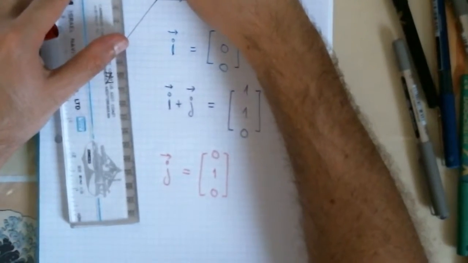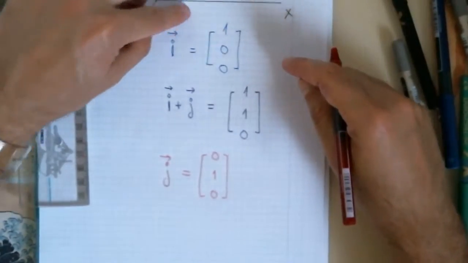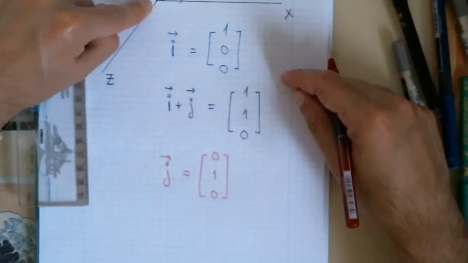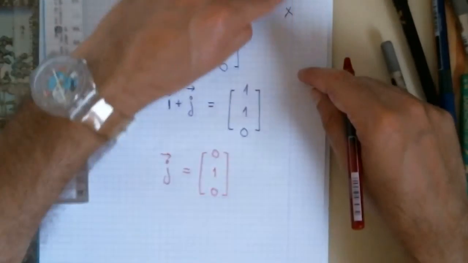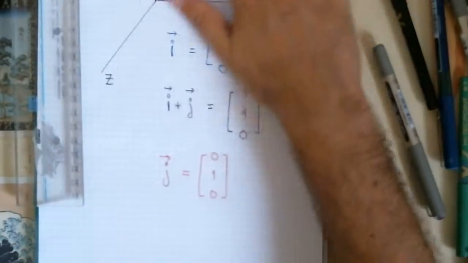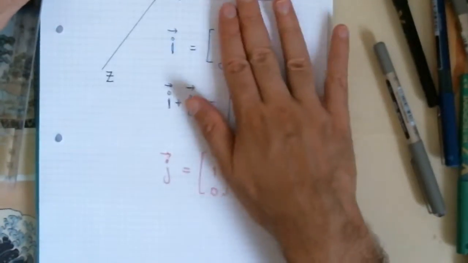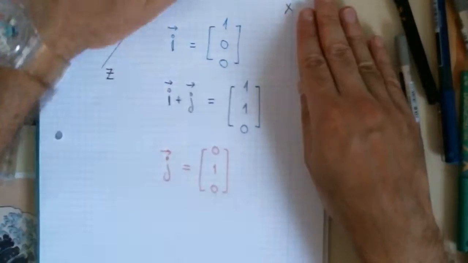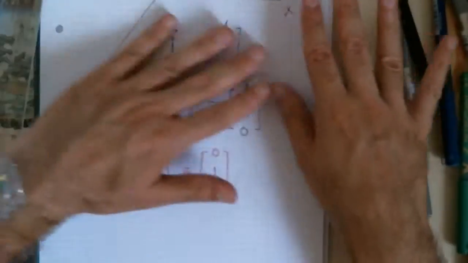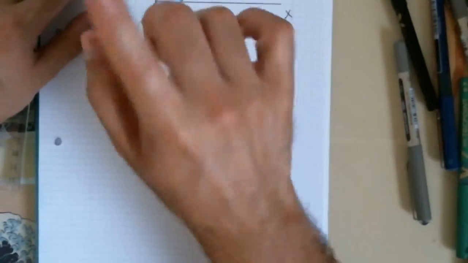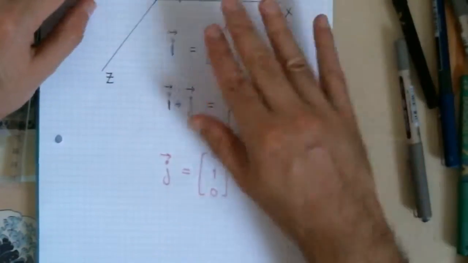If this was the j vector, then we would have no second thoughts: this goes here, this goes there. We have all the xy plane, all this direction, but also all this direction. It's like we have all this paper filled in infinitely in every direction, but not towards the camera and not into the table, into the paper. And so all the xy plane.